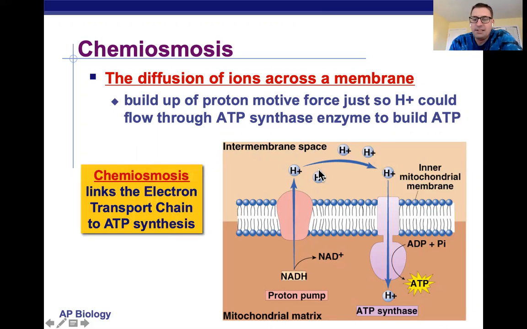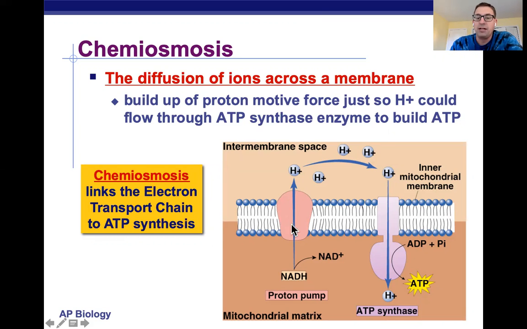Okay, so it is this chemiosmosis that links the electron transport chain to ATP synthesis, or it couples the electron transport chain with ATP synthesis, right? Because the electron transport chain was just used to pump protons into that intermembrane space. The energy from those electrons did not go directly to ATP synthase to allow it to make ATP.